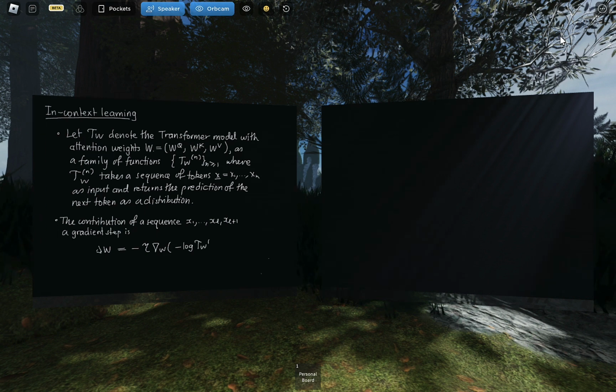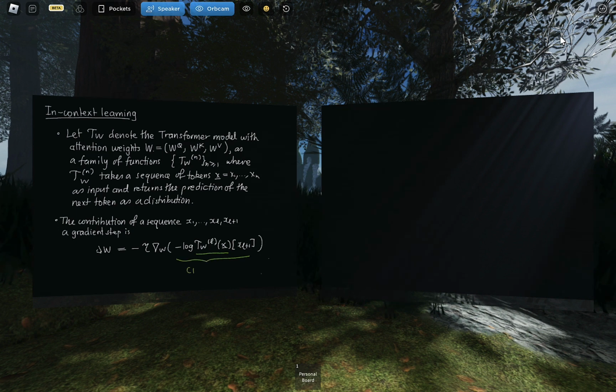I said this out loud, but maybe the notation will come up again. So the contribution of a single sequence, I don't know why I switched to L's, the contribution of a single sequence to the loss. Yeah, in particular, that should be an L. So just a reminder on what the loss function of a transformer is: apply the transformer to that input, and then you take the cross entropy.